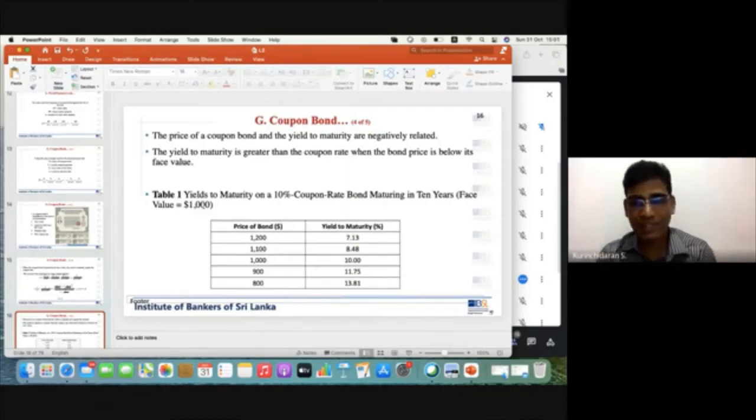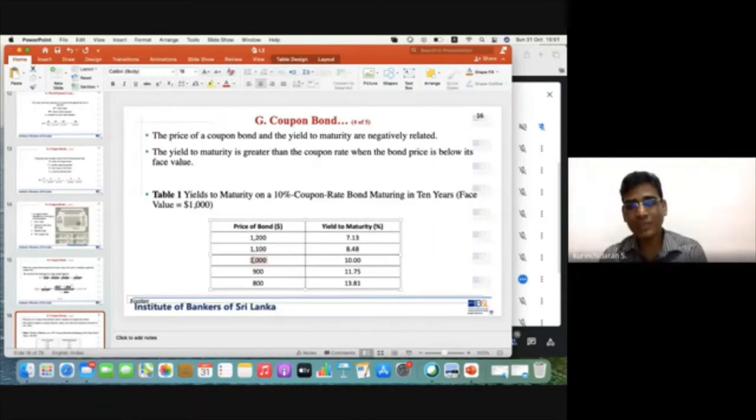Now the problem is, if you buy that coupon bond at a price of 1,000. Here, if you take the table, what is the face value of this coupon bond? Come on, we have to talk.